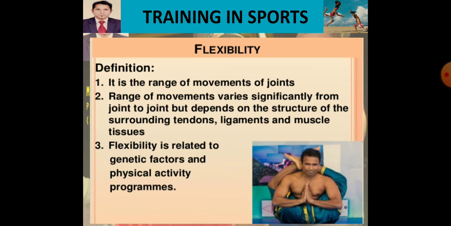Range of movement varies significantly from joint to joint, and depends on the structure of the surrounding tendons, ligaments, and muscle tissues that I was telling you. The muscles, ligaments, and tendons are the supporting structure of the joint.